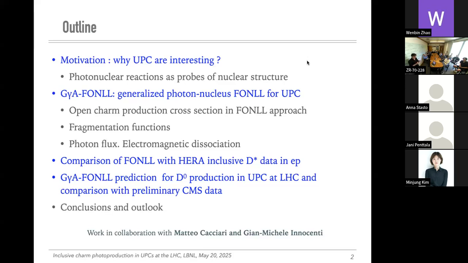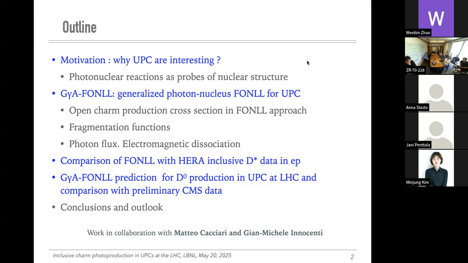Then I will benchmark this with the HERA data, to see how the data are described by the old Fortran code. Using these parameters, I will add the specifics for the UPC and make predictions for D0 production and compare with CMS data.